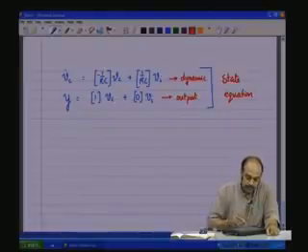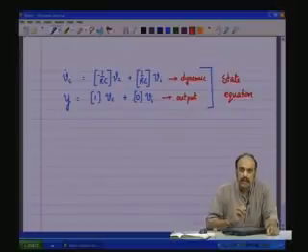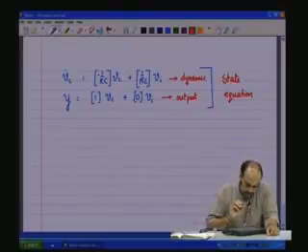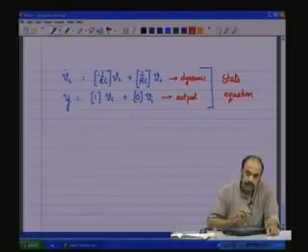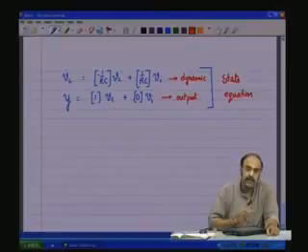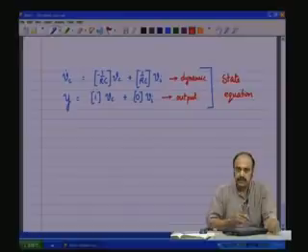So the dynamic equation and the output equation together describe the system completely. And we see that to describe it completely, we need just the input variable and the state variable, and the state variable is nothing but the variable associated with the energy storing component of the particular circuit.